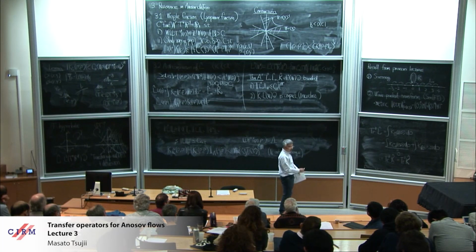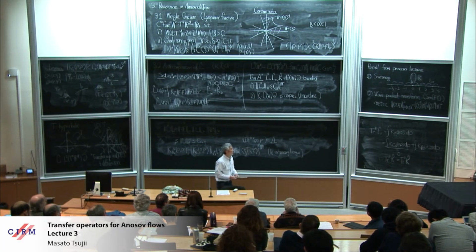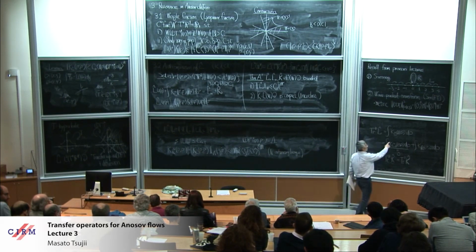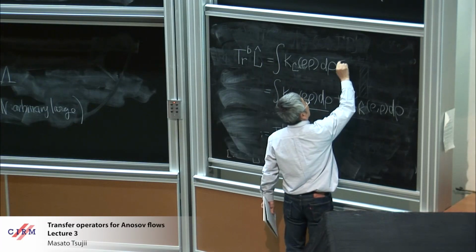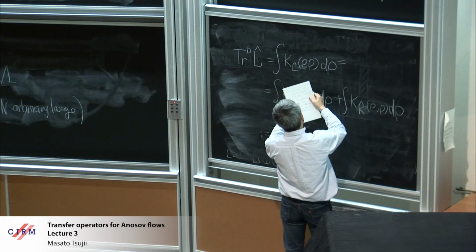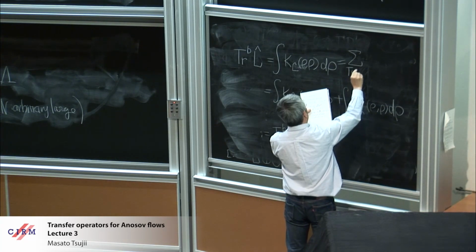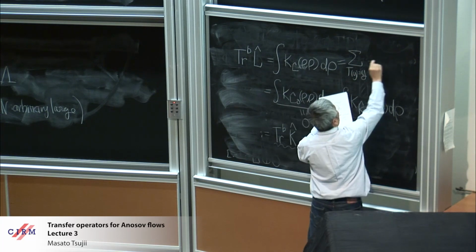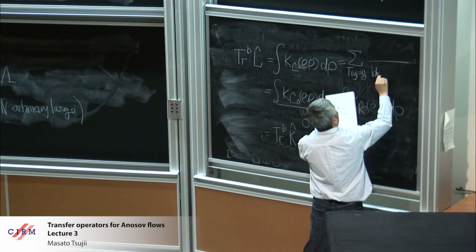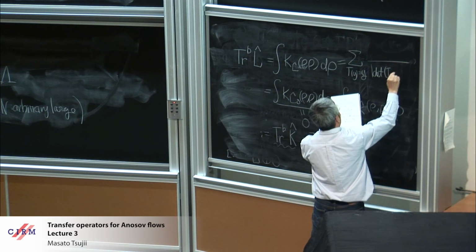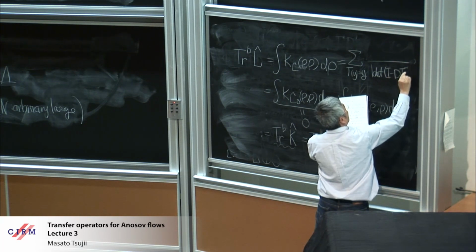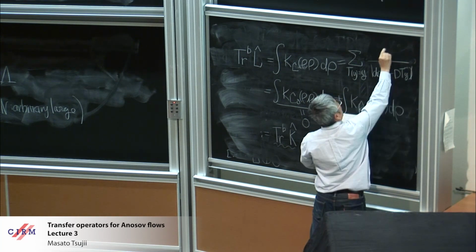And with this, we can get to theorem B. It is not difficult, but if you compute this, then you get this: T y minus y and I minus dT minus 1 and dy.